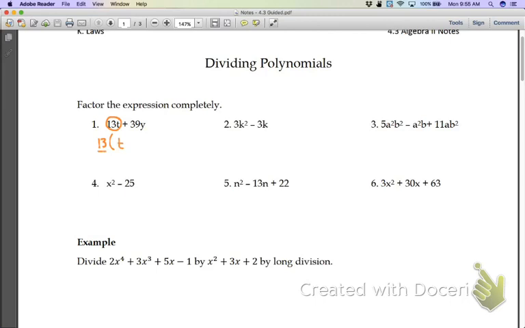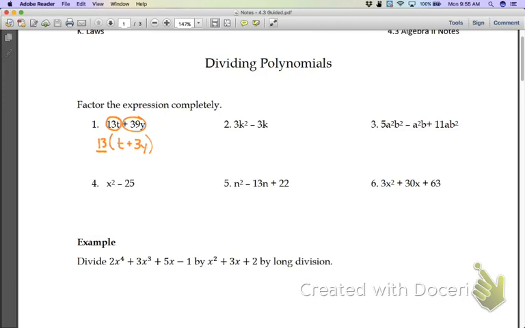T. Doing the same thing, I'm going to take that 39y and divide it by the 13, leaving me with a plus 3y. You've essentially been dividing polynomials, or dividing things out, all the time, even though you don't know it.